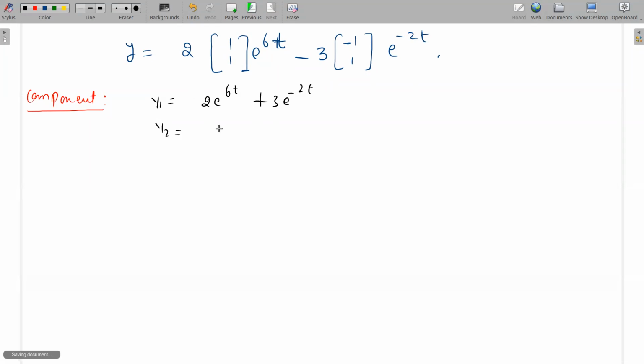And the second component is 2 e^(6t)... First component, write first entries of the matrix, then second component.